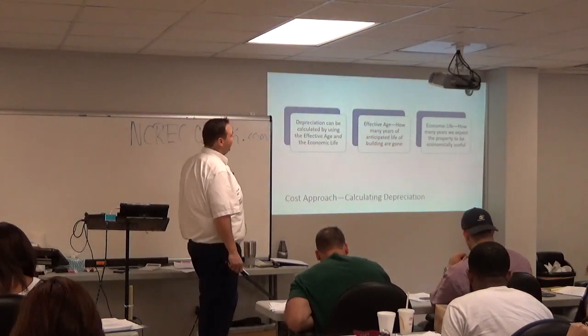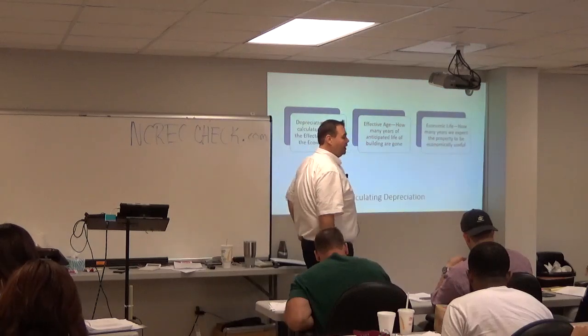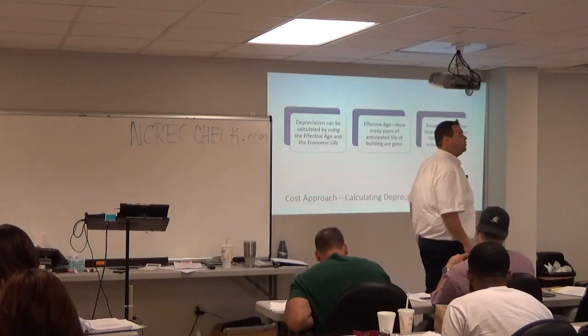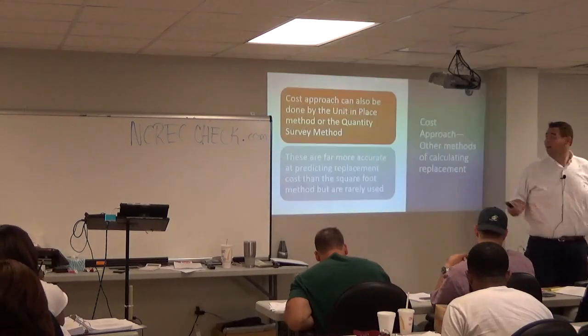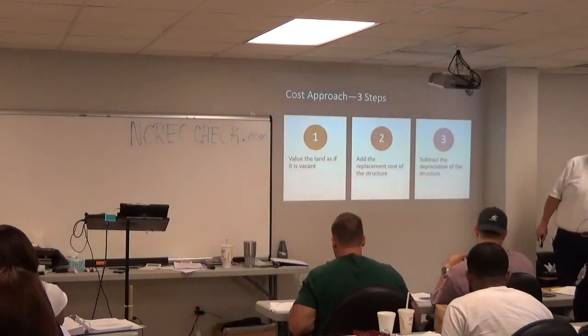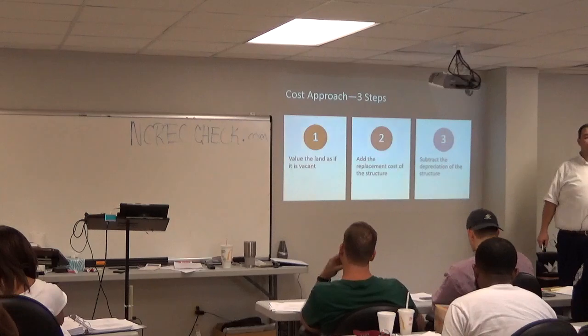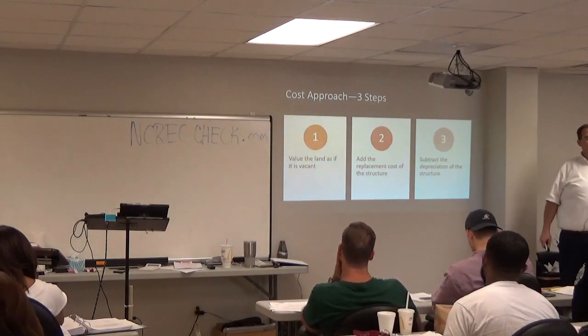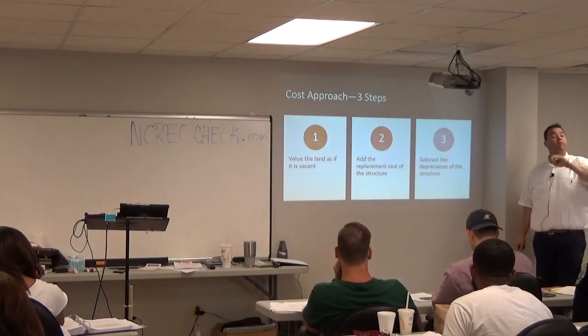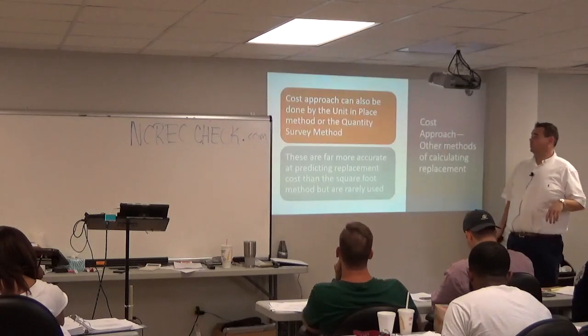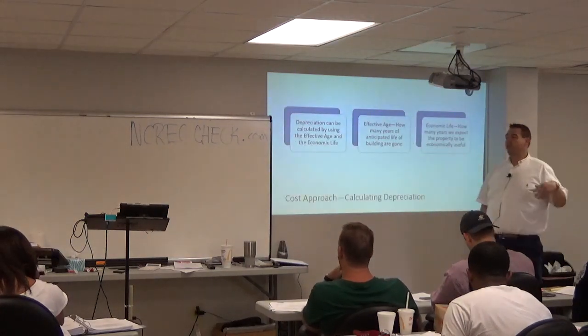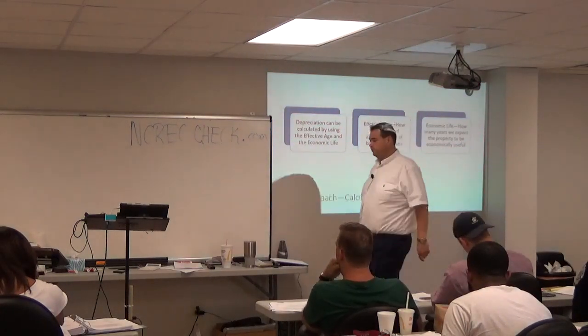Depreciation, as far as math questions go. And you're going to have to deal with this because remember, go back to those 3 steps of the cost approach. We said there's 3 steps to the cost approach. Step 1 was value the land as if it's what? Vacant. And then add the replacement cost. And then step 3 was subtract the what? Depreciation. So, depreciation is a math question.